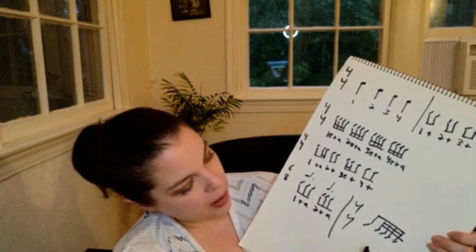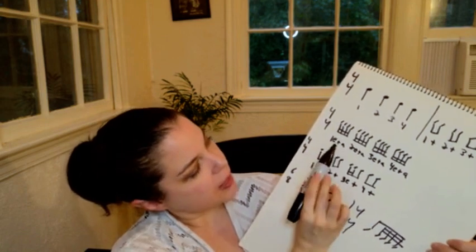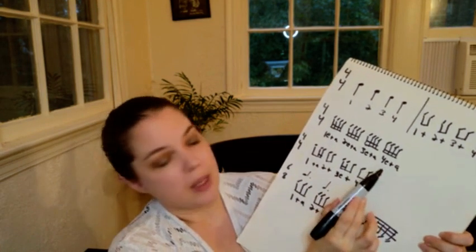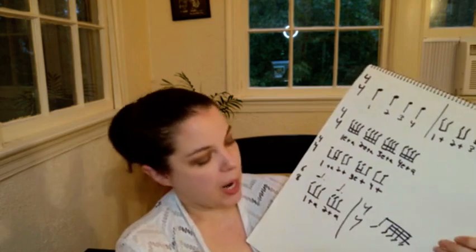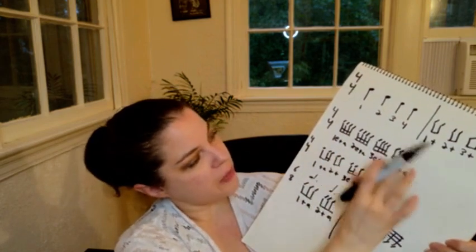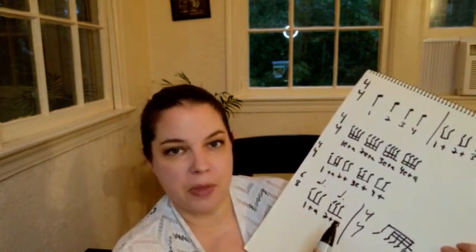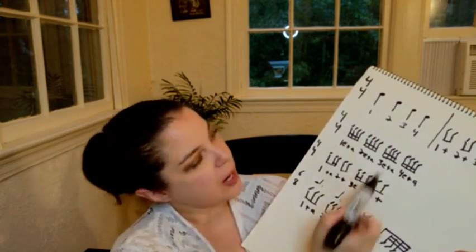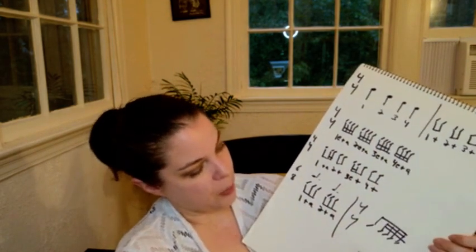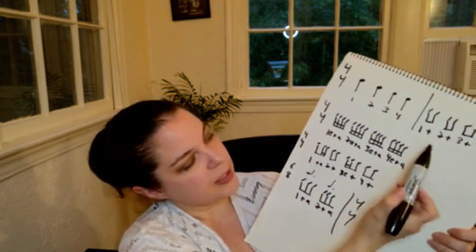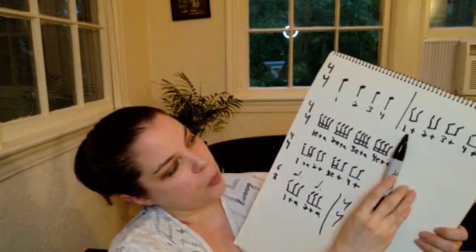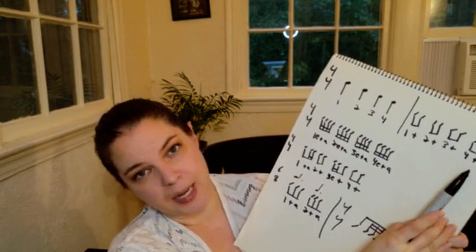Because there is not any kind of set syllable that we use, what I would do is have all of these syllables just kind of bump them up. So instead of counting 1, 2, 3, 4, at that point, maybe shift the eighth notes to being 1, 2, 3, 4, 5, 6, 7, 8.